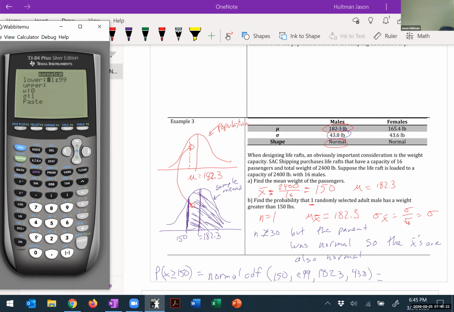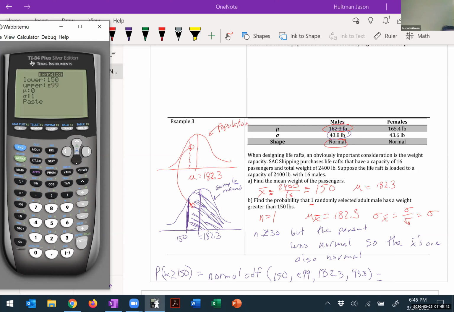The lower is 150. We want everything from 150 or above. What's the probability that one of these people is greater than 150? That's 150 to upper, which is infinity, so that's the E to the 99.